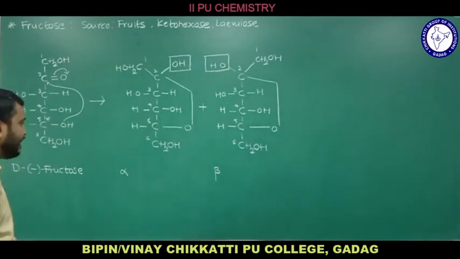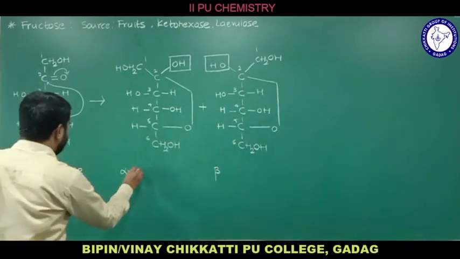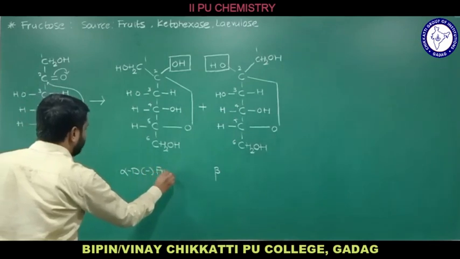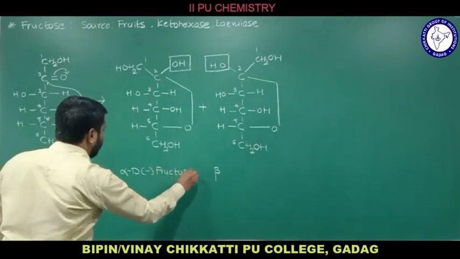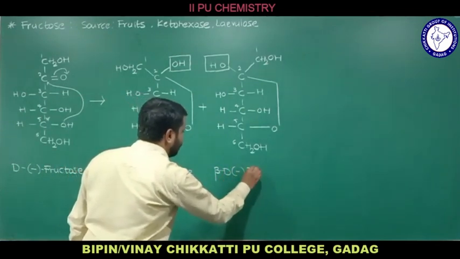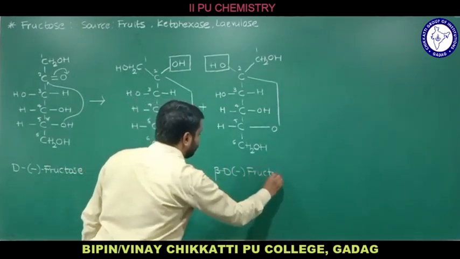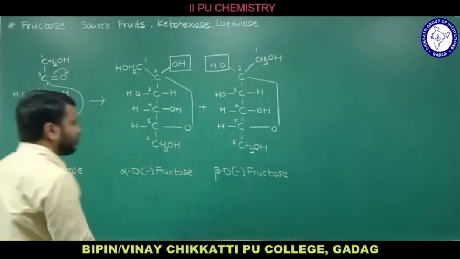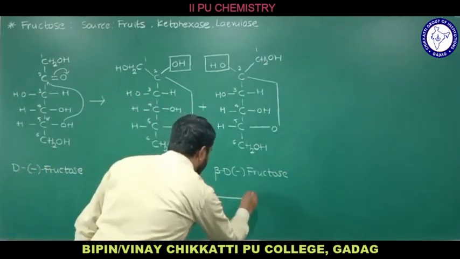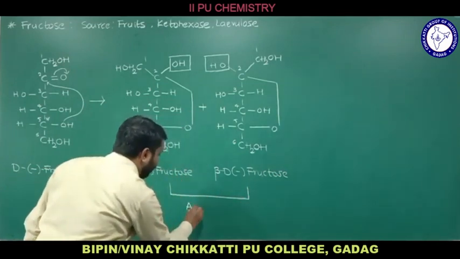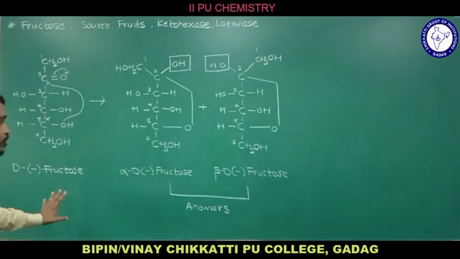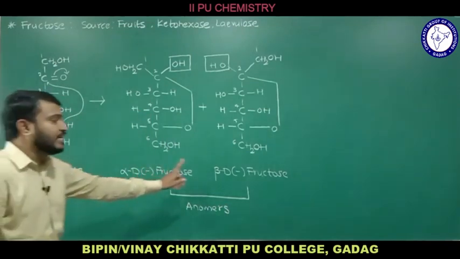And the complete name I am going to write: this is alpha-D-fructose, and this is beta-D-fructose. This is how I am going to draw the anomers of fructose, and try to know these two are nothing but the anomers of fructose, and the meaning of alpha and beta is the same.